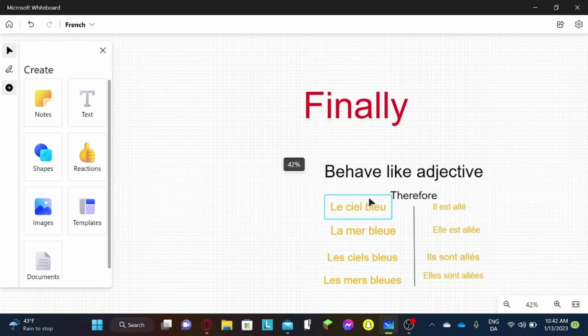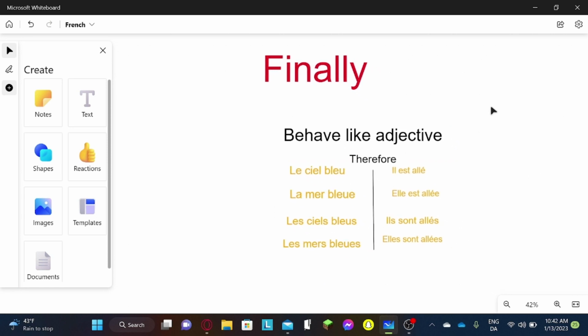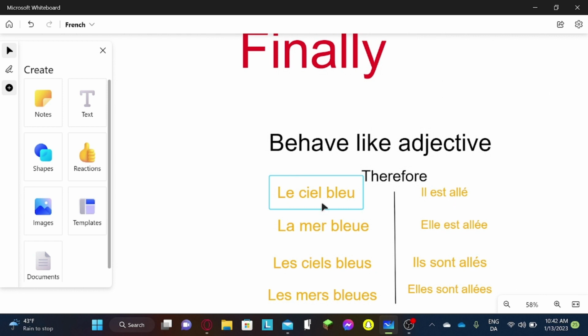Now, finally, the être verbs in the PP act like an adjective. As you know, an adjective gets a letter added regarding the subject's gender. For example, in le ciel, the sky, the blue sky, nothing gets put on. The blue ocean, an E gets put on because ocean is feminine.